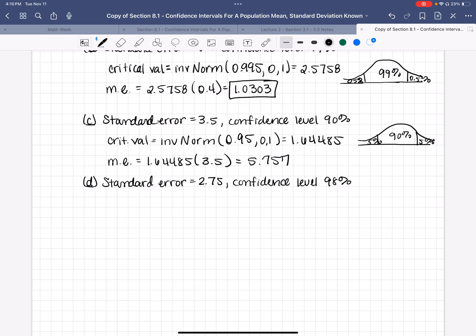All right, on D, I've got a standard error of 2.75 and a confidence level of 98%. Like I said, guys, draw your picture. This is 98%, so that means this is 1% and this is 1%. When I go to find that critical value, and I do that inverse norm, I've got 0.99, and that's 0 to 1.